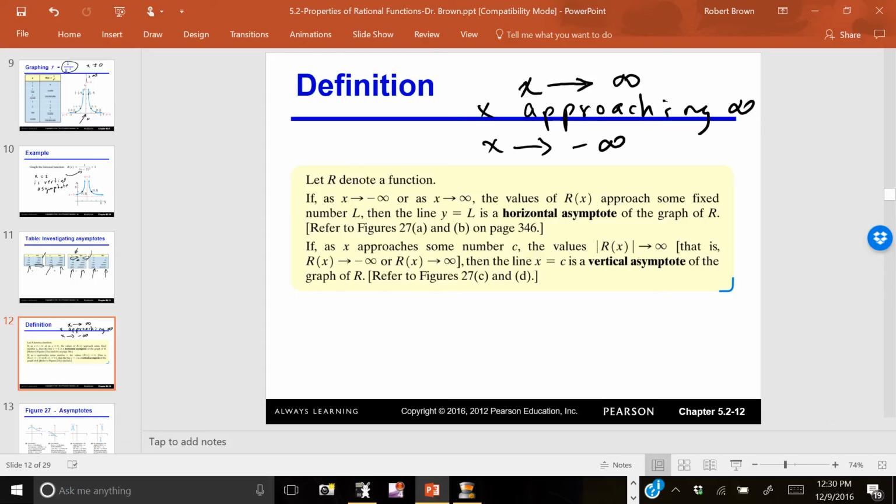So here is the definition. If as x approaches minus infinity or plus infinity, the value of r of x approaches some fixed number L, and L is sometimes called a limit, it's also called a horizontal asymptote of the graph of r.